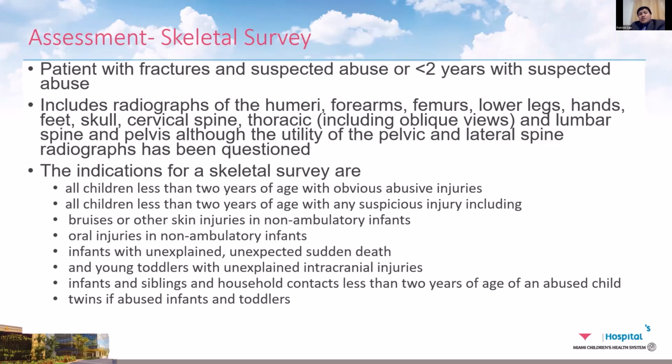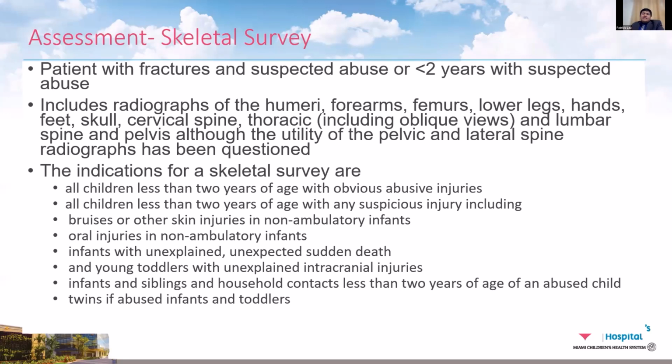If you suspect that the child has any history of abuse, or any child less than 2 with a history of abuse, you should get one of these in order to have a better idea of where to look for other injuries. At some places at our institution, we would automatically order a skeletal survey in children less than 2 with obvious signs of abuse, or if you have any suspicions of them, or bruises in a child that is non-ambulatory.